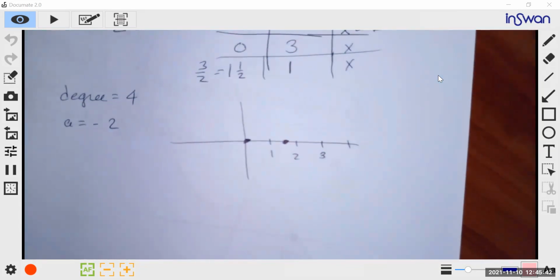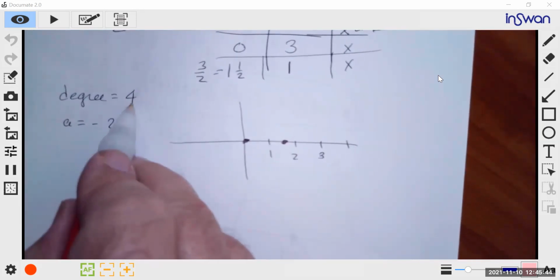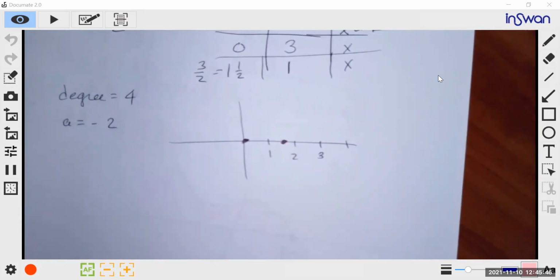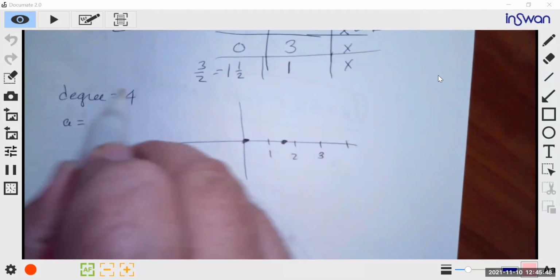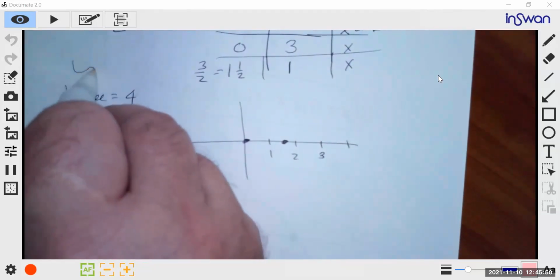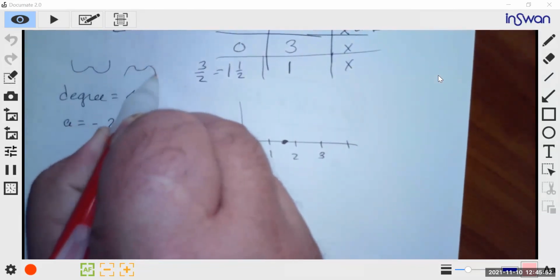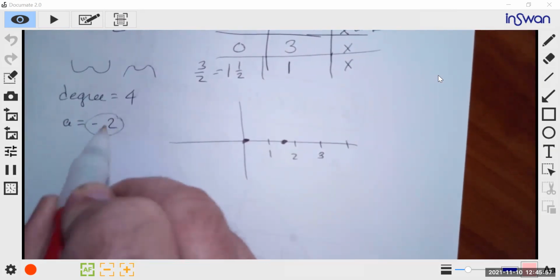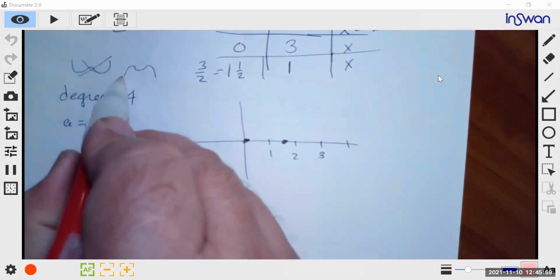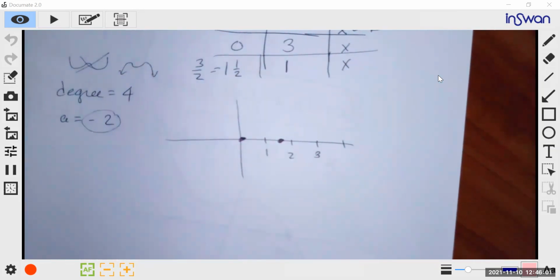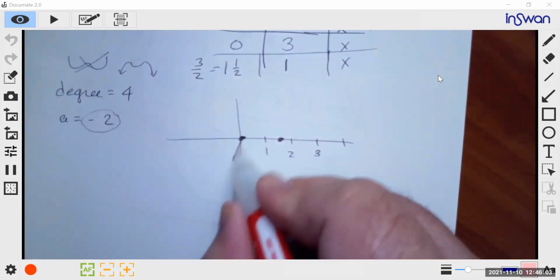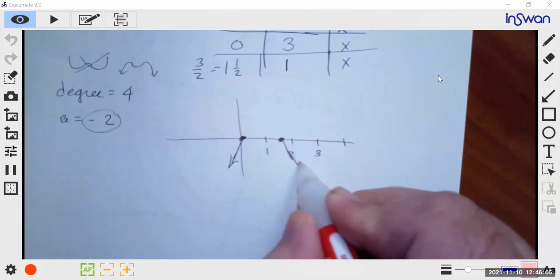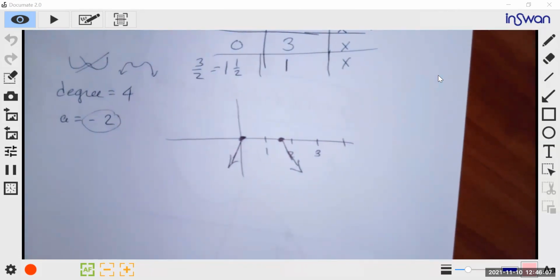Very good. Yeah, because the degree is 4, both ends have to point the same direction. It's going to look either like that or like that. Since the coefficient is negative, they point down. Since these are my intercepts, the graph has to point down from there.